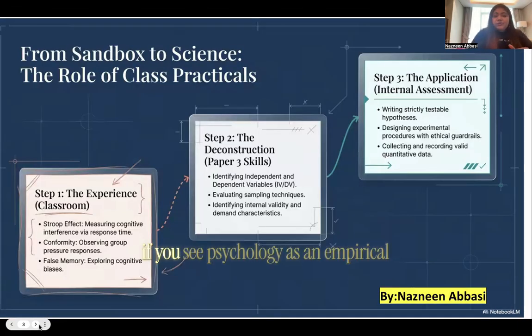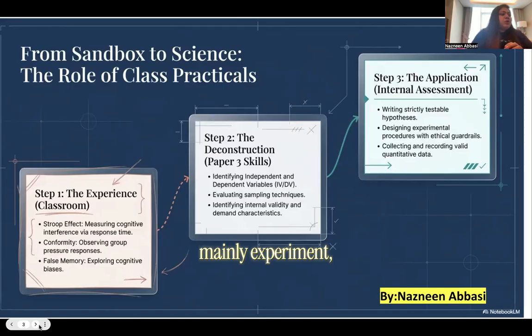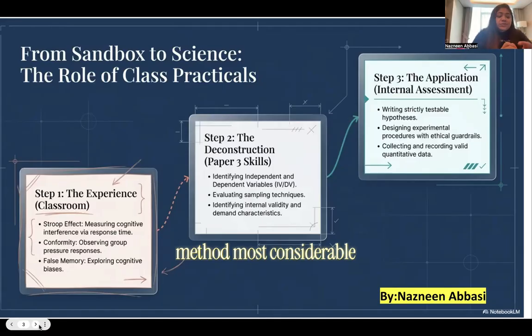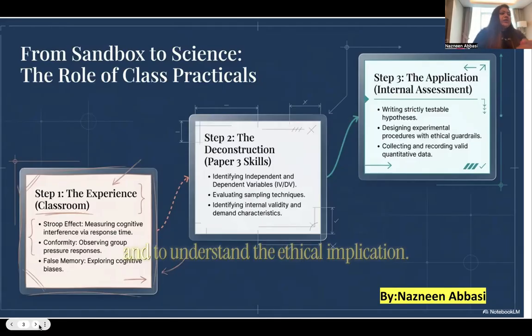So here, if you see psychology as an empirical science, we will be doing 4 research methods, mainly experiment, observation, survey, and interview. And we will be selecting the research method most suitable to get precise data and to understand the ethical implications.